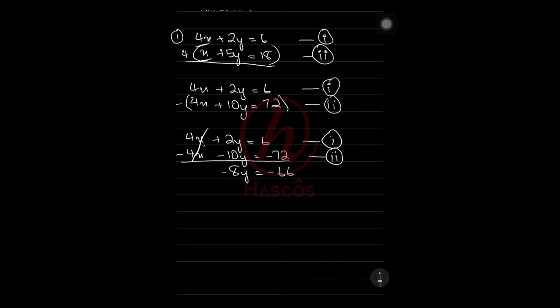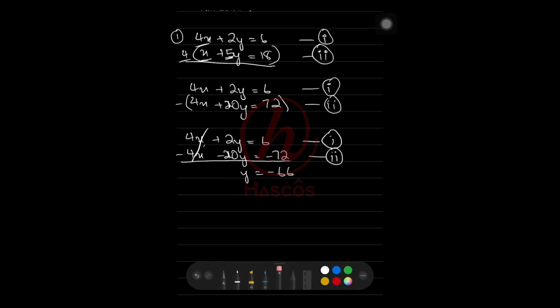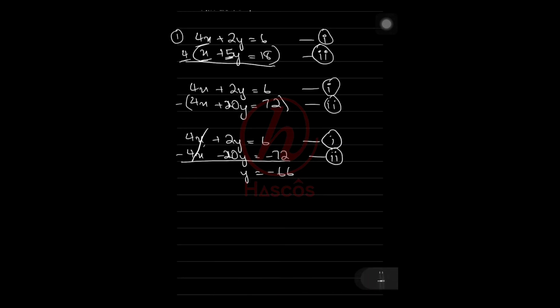Beg your pardon, this 10y should have been a 20y, since 4 times 5y is 20y, so it should have been a 20y over here as well, and plus 2y minus 20y should have rather been a negative 18y. And now negative gets cancelled on both the sides.